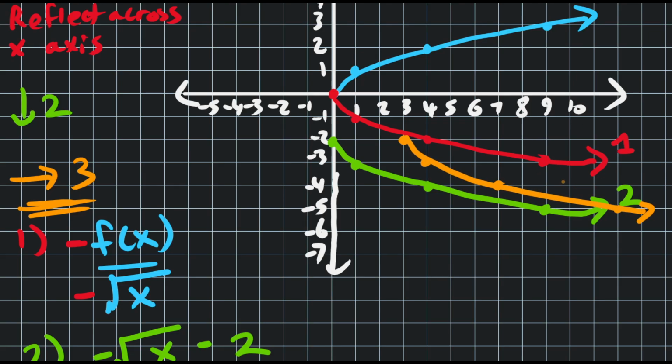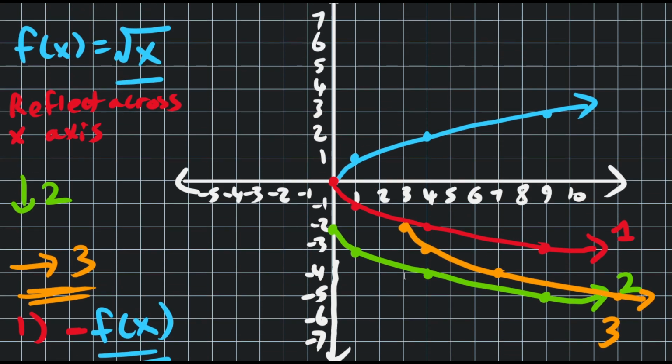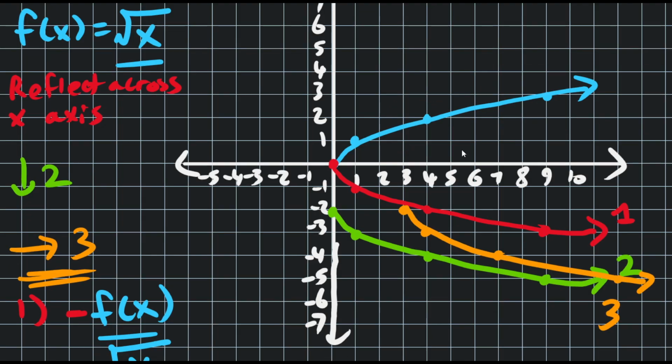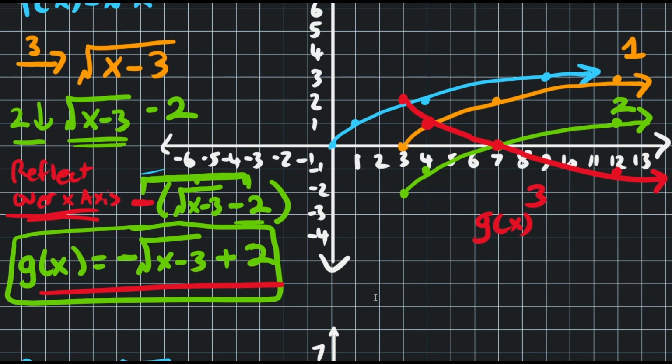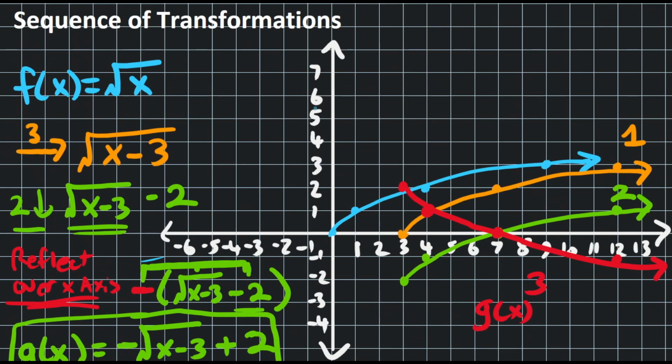So this orange function right here is the third and final step. We started with the blue function, f of x equals radical x. And through this series of transformations, we ended up with the orange function. So compare it to what we had above. Our first step was this blue function, so both of them started in the same place.